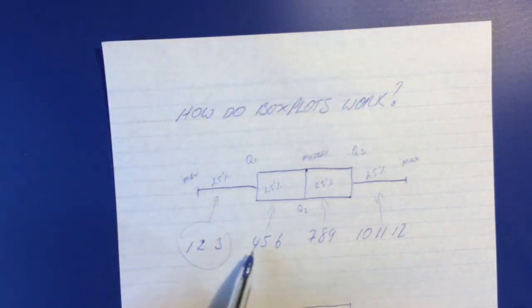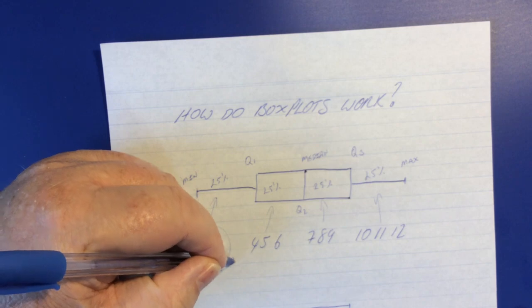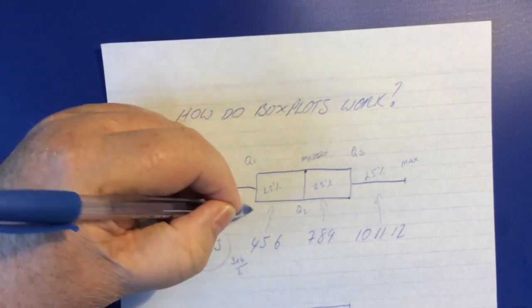Q1 is the median of these values here. So it is 3 plus 4 divided by 2. So it is 3.5.